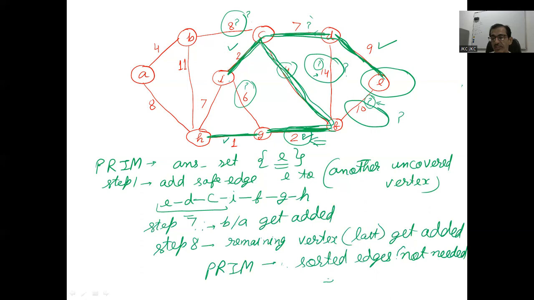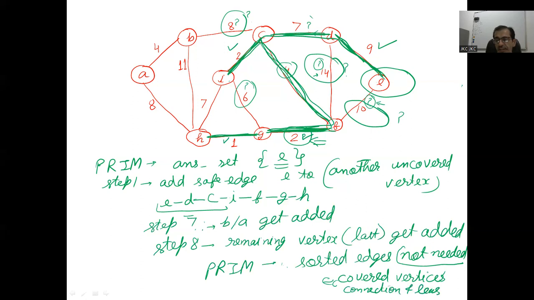In Kruskal, it was needed and processed like that. Some edges were rejected because they were leading to cycle, but we have to go edge-wise, sorted-wise. Here, we are going by the covered vertices and their connections, least weight. So I say covered vertices, connection, and least weight.